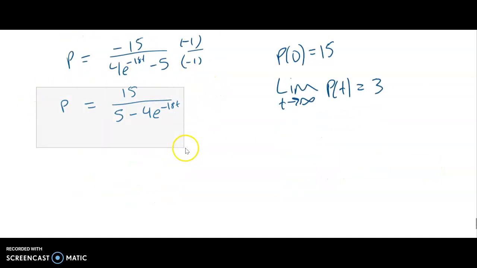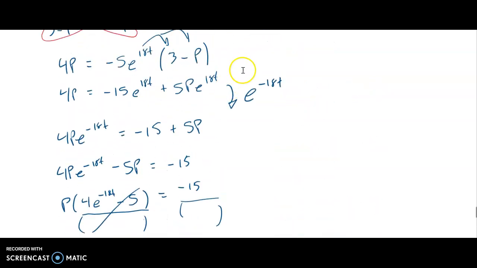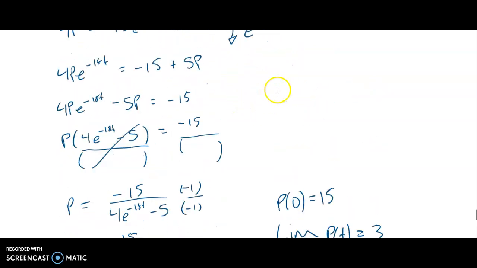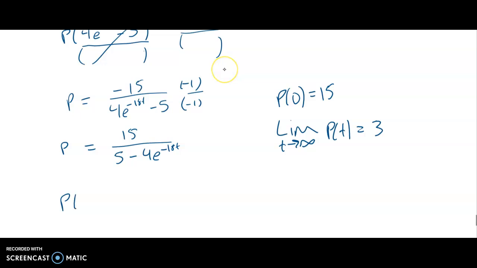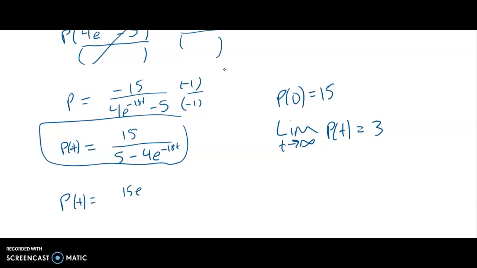So this is the form of the answer that I like the most because it's easy to do the analysis that we just talked about. Another form you might get if you don't do this little step right here is P of t equals 15e to the 18t over 5e to the 18t minus 4.